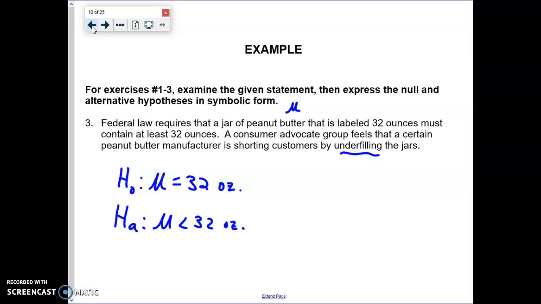So in other words, that's called an alpha error. We won't talk about that now, but that's what the probability of alpha is: the probability that sample data says they're actually underfilling when, in essence, the true population mean is actually 32. They're not underfilling, but our sample data happens to show that it is.